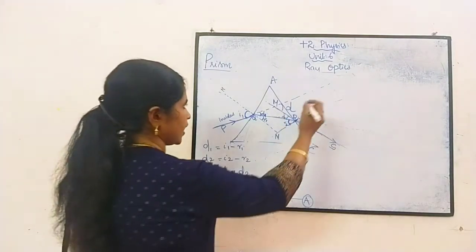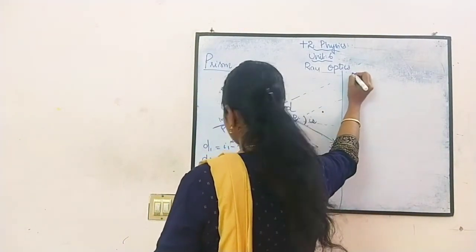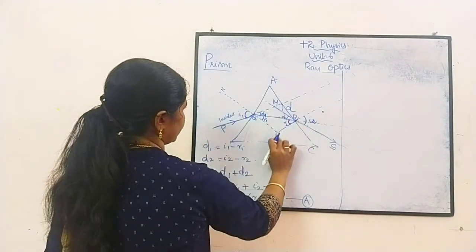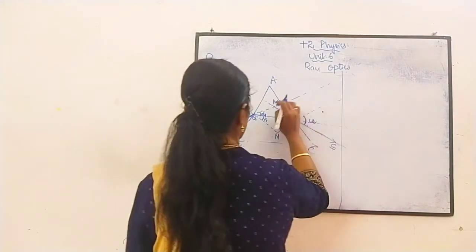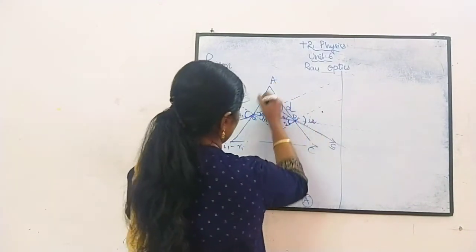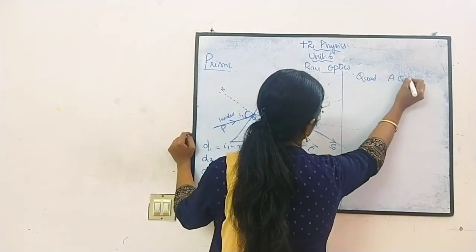Now let us take the quadrilateral. Okay. Let us take this quadrilateral, that is RNQM, or you can take this quadrilateral AQNR.